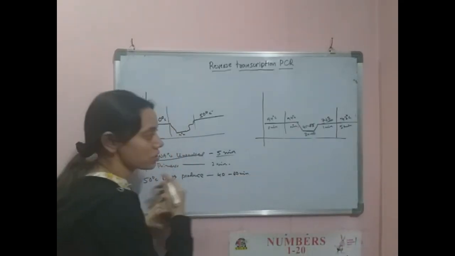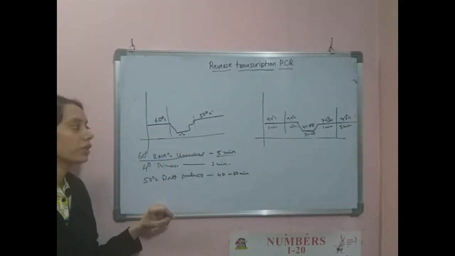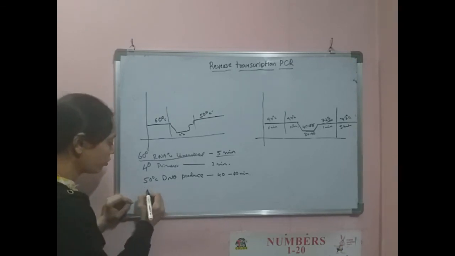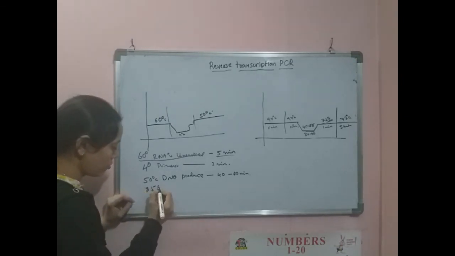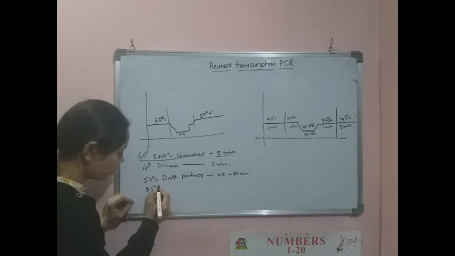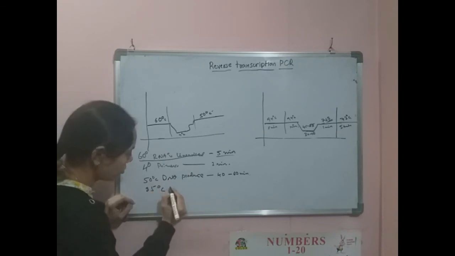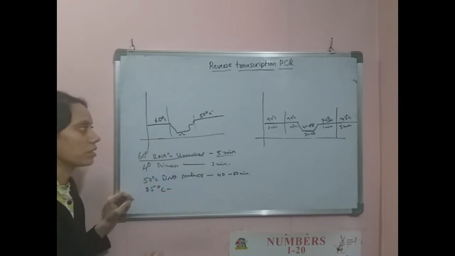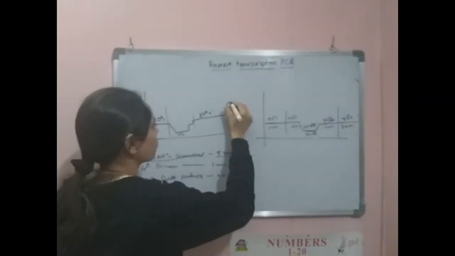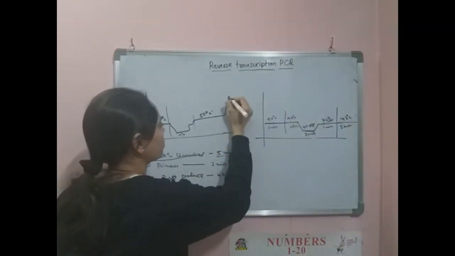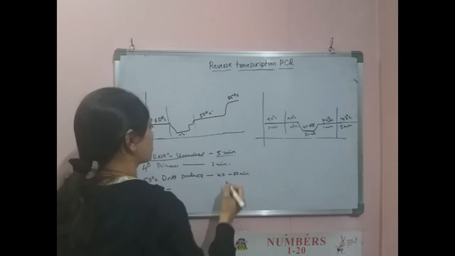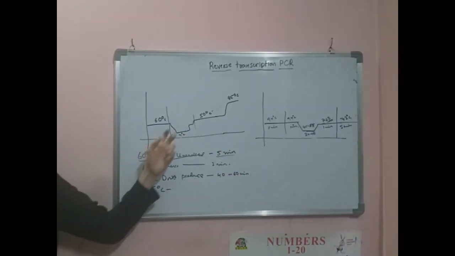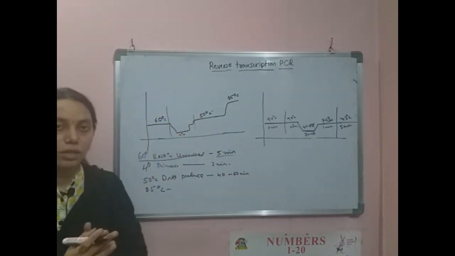During this process the cDNA will be formed, and after that we'll keep the reaction at 85 degrees centigrade. What will happen during this 85 degrees centigrade?